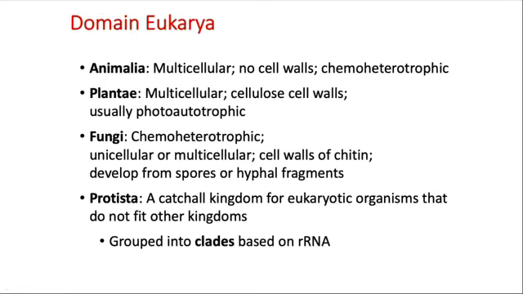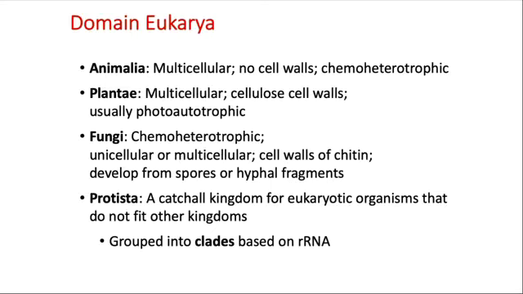Then there's the domain eukarya. In the domain eukarya, we have animalia, which are multicellular. They don't have any cell walls. They are chemoheterotrophic, so they rely on other organisms as a source of their energy and a source of the organic carbon molecules as well. Then we have plantae. They are also multicellular, but they do have cell walls made up of cellulose, and they're usually photoautotrophic. They can synthesize their own food. We have fungi that are chemoheterotrophic, unicellular or multicellular. The unicellular ones are yeast, multicellular are molds.